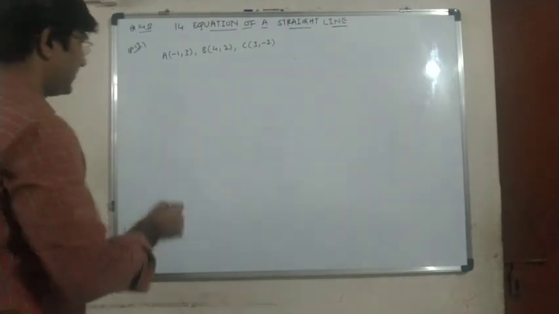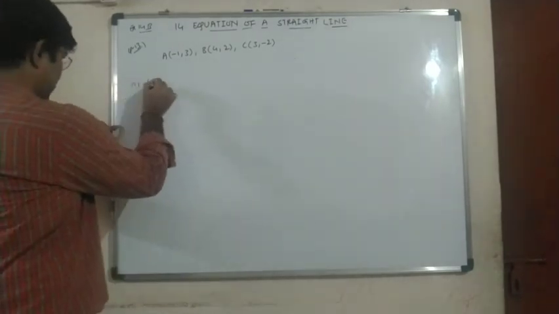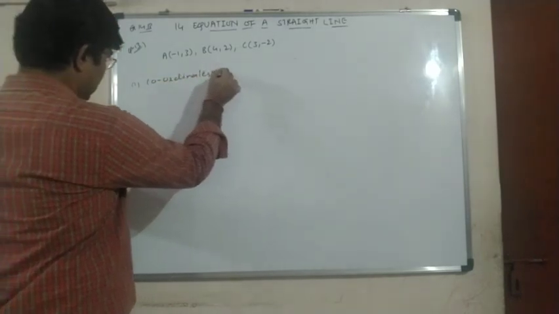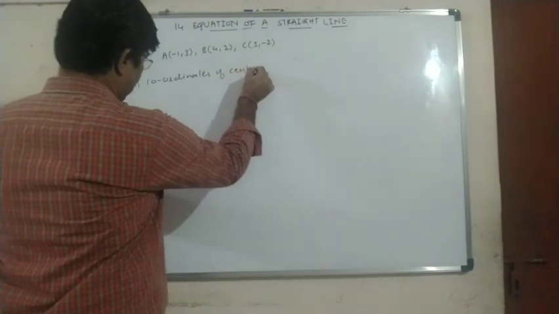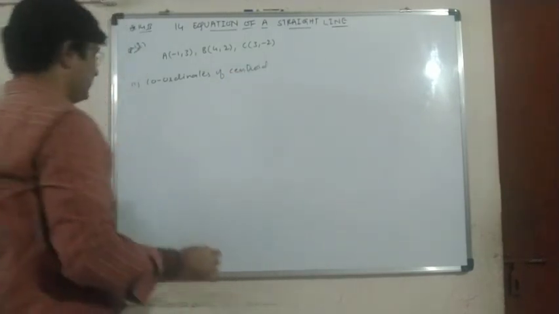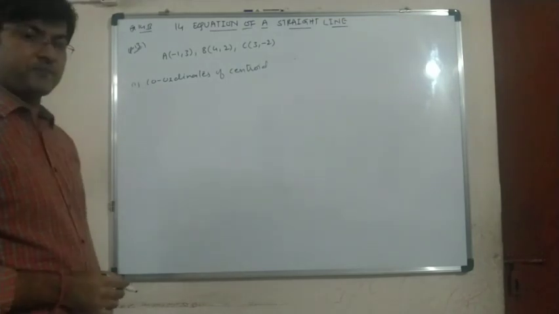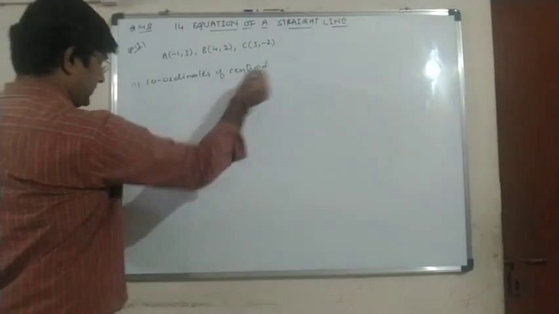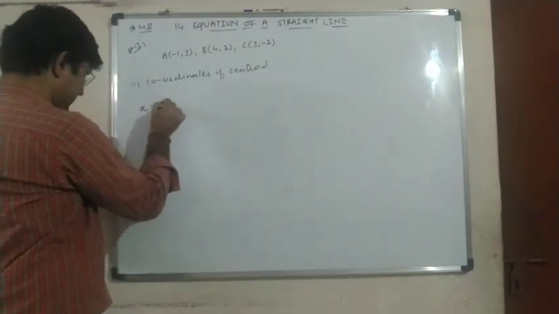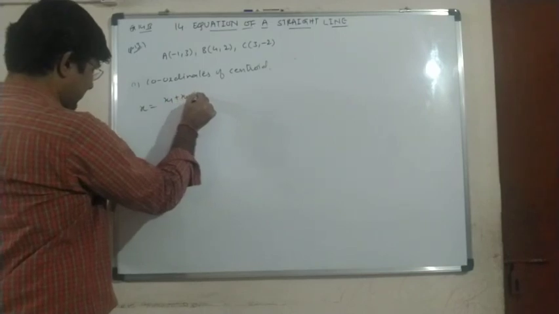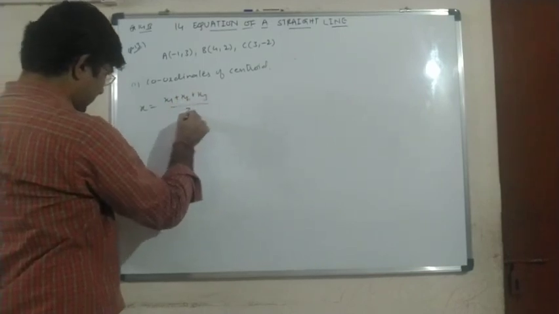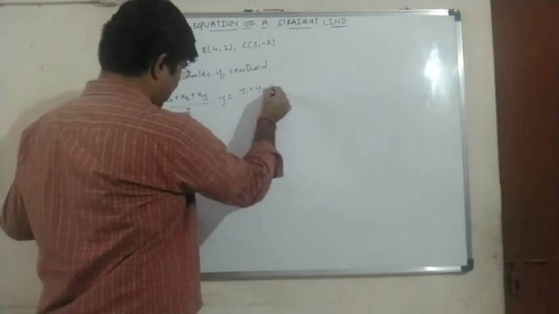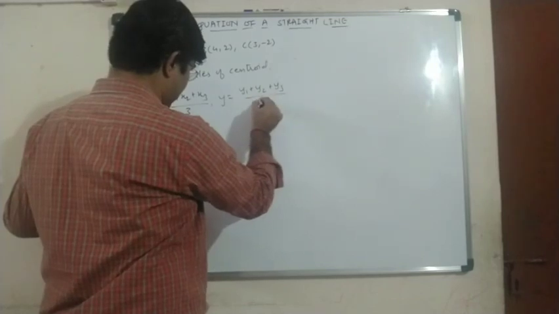What coordinates of the centroid? So we have a direct formula. Okay, coordinates of centroid. Recall chapter number 13. Yes or no? Section and midpoint formula. So coordinates of centroid will be given by x is equal to x1 plus x2 plus x3 upon 3 and y is equal to y1 plus y2 plus y3 upon 3.